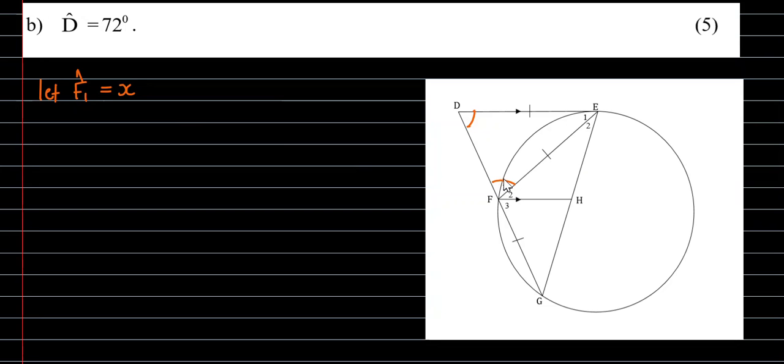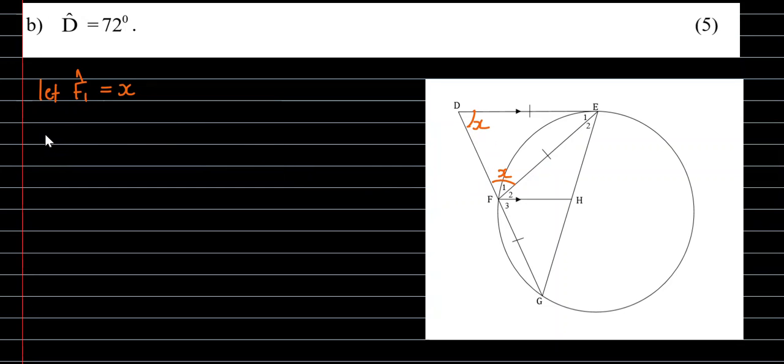Since this angle is equal to x, this line and this line are equal, so therefore this one will be equal to x also, right? Now we have two angles, so we can say E1 is 180 minus these two angles.